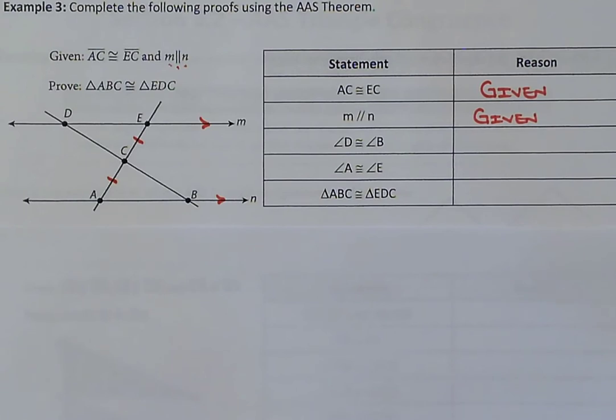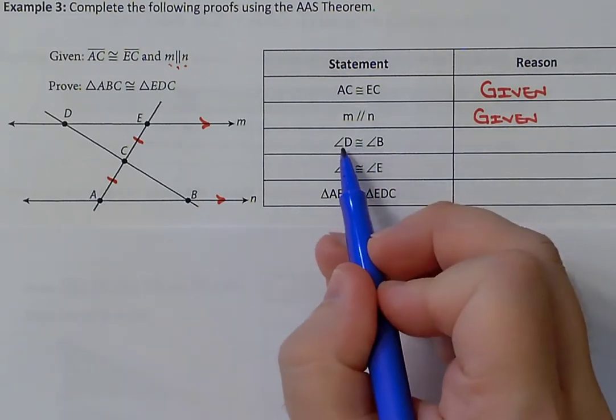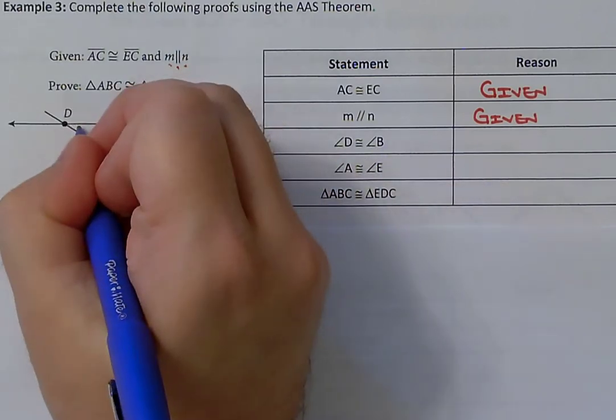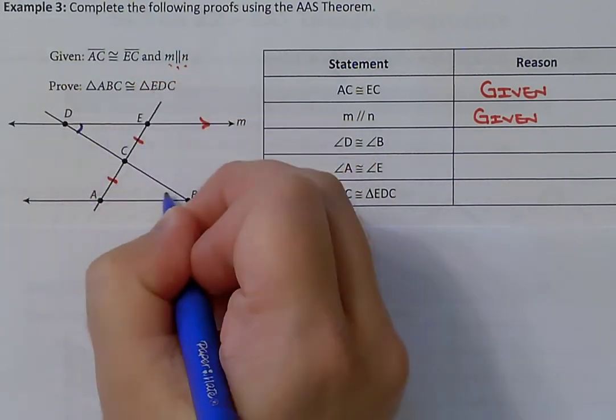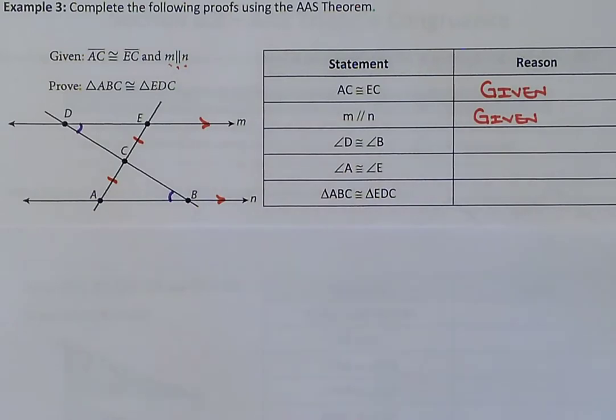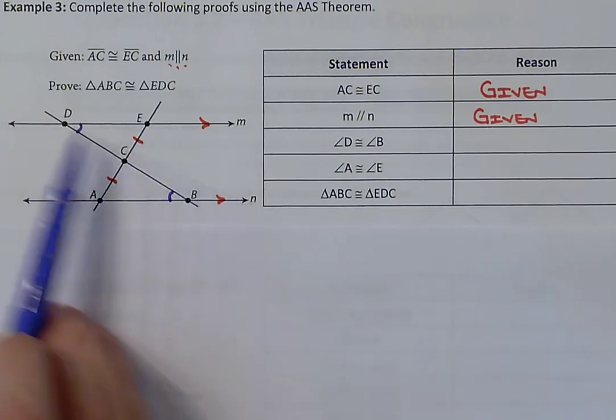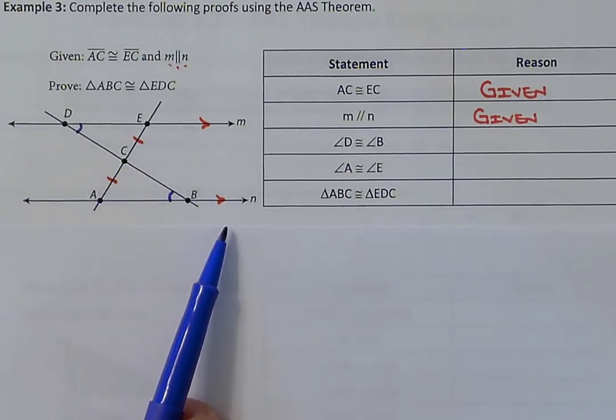So let's then go through and figure out my statements for the next part. They say that angle D is congruent to angle B. How do I know these two angles are congruent to each other? Well, it might take you a second, but I have two parallel lines cut by a transversal.